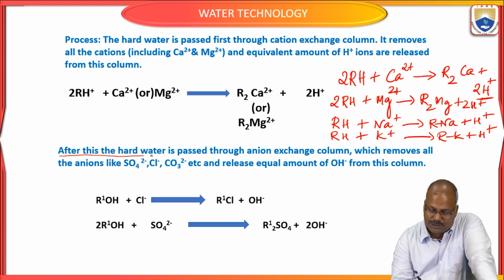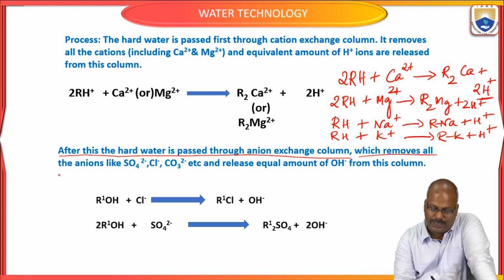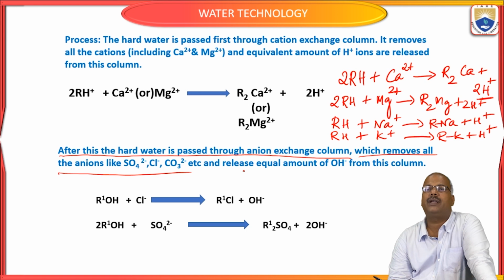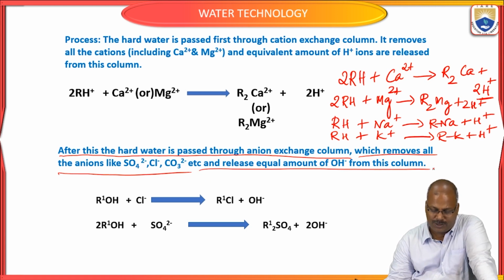After this, the water is passed through the anion exchange column, which removes all the anions like sulfate, chloride, etc., and releases an equal amount of OH minus ions from the column.